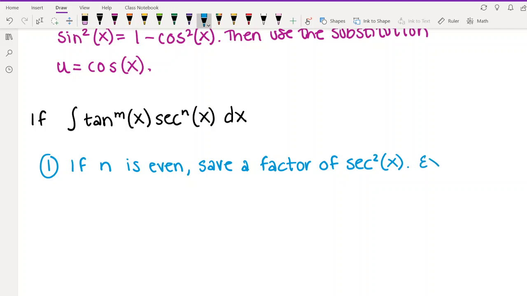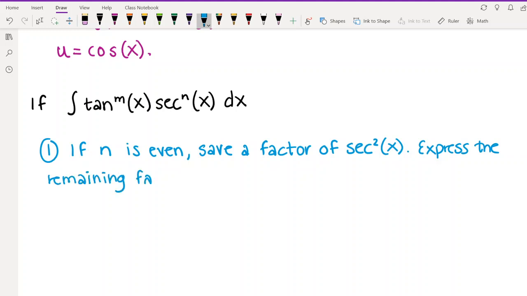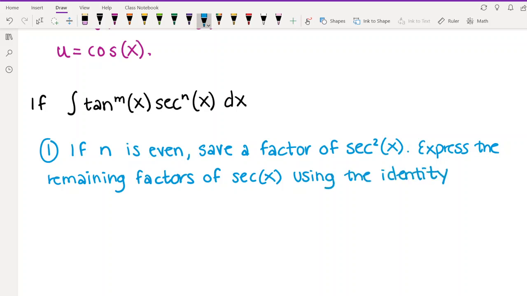Then we're going to use the identity. So we're going to express the remaining factors of secant of x using the identity secant squared of x is equal to 1 plus tangent squared of x.